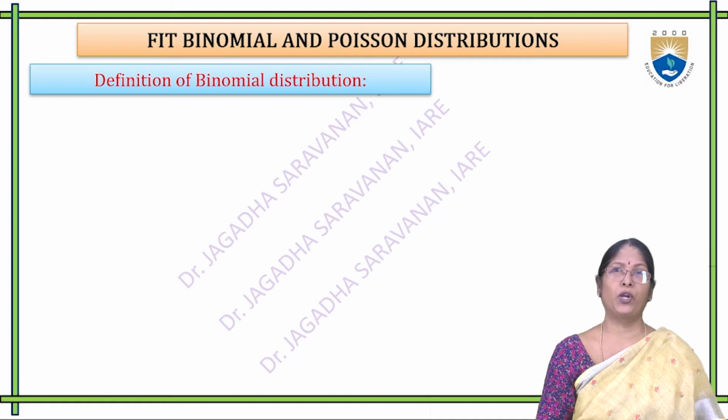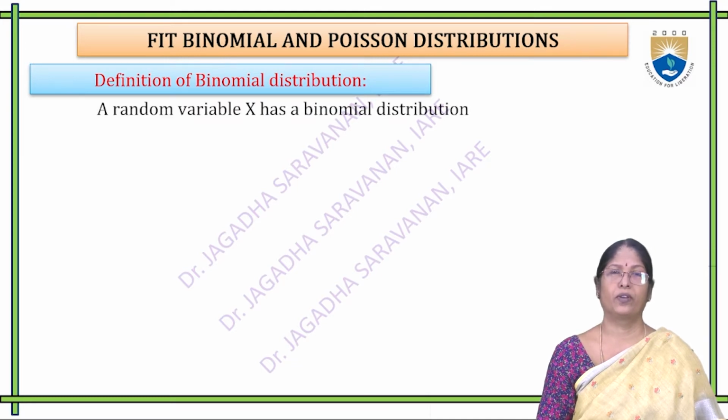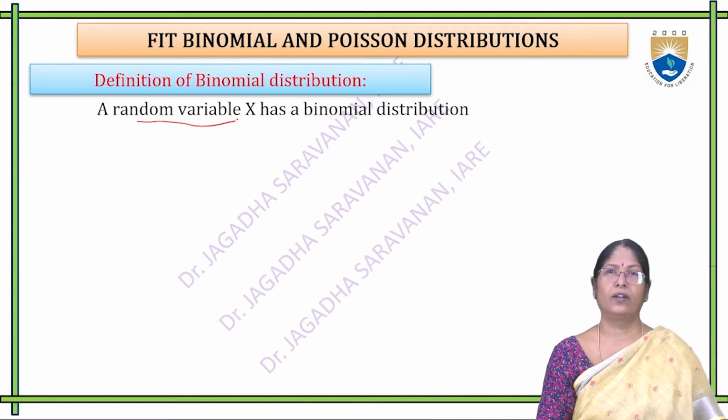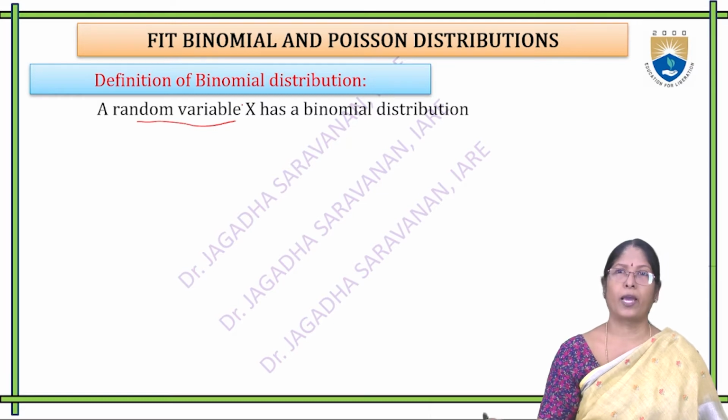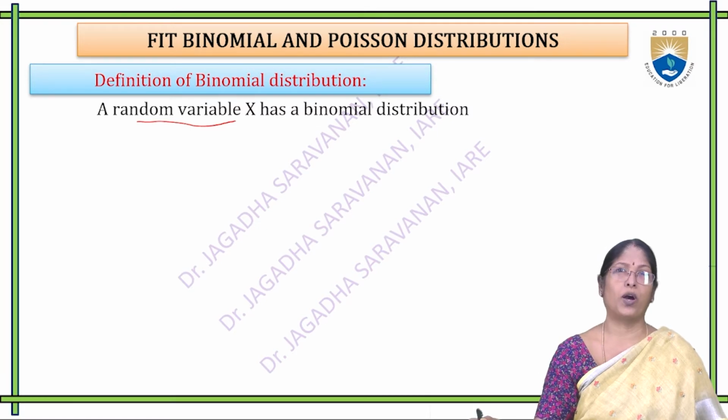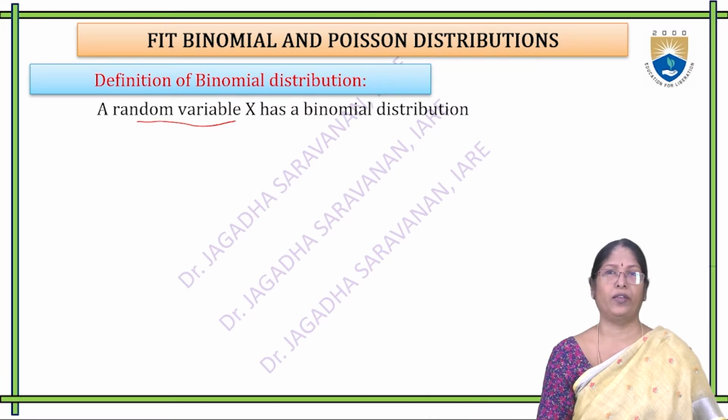The definition of binomial distribution: a random variable, capital X, is always denoted by capital letters. That is the variable; the condition which is given in the problem is applied on the sample space, and the output comes in terms of real numbers.